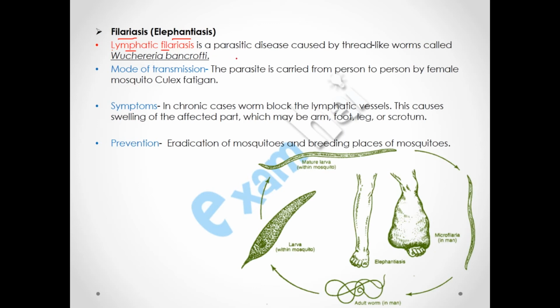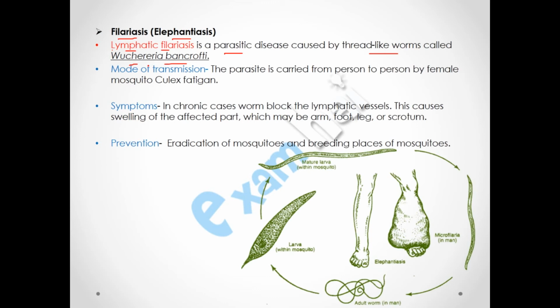This is a parasitic disease caused by a worm named Wuchereria bancrofti. This Wuchereria bancrofti is a parasite which enters into the lymphatic vessel or a lymphatic gland of a healthy person. So that's why this disease is also called lymphatic filariasis.